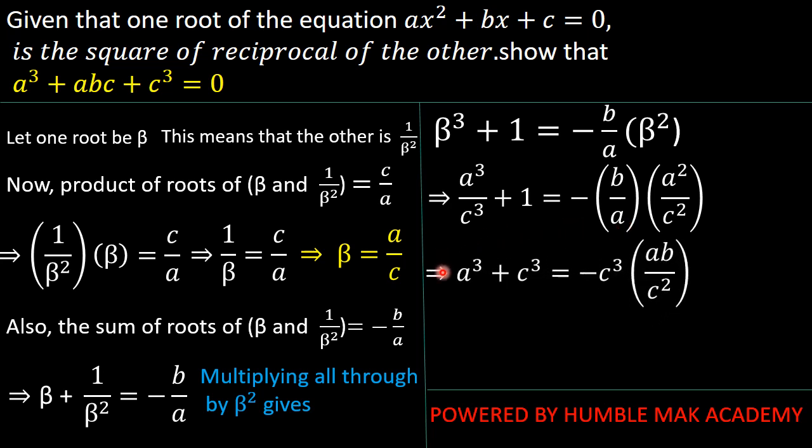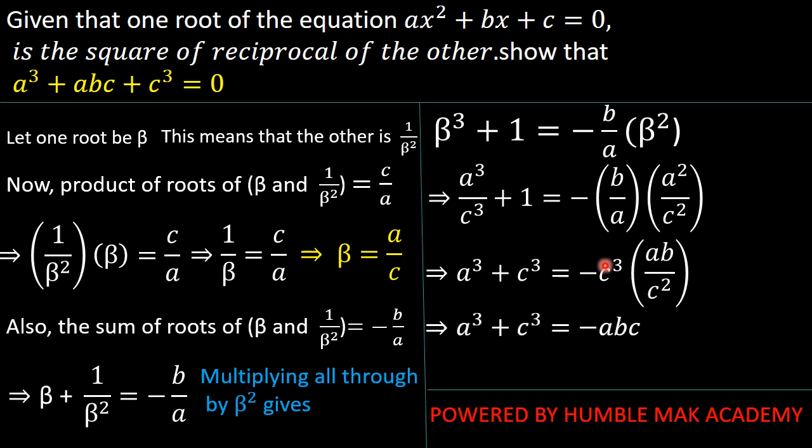Good. So now once again, if we multiply all through by c cube, we are simply going to have a cube here, then plus c cube times 1 gives us c cube, which is equal to the negative, we have c cube here into ab over c squared, but c squared will cancel c squared here, which means we are left with just 1 c here.